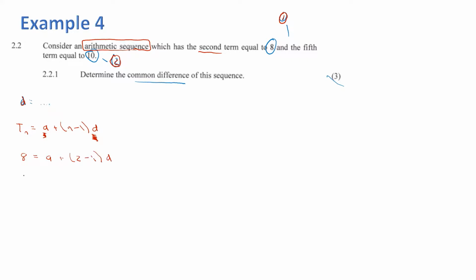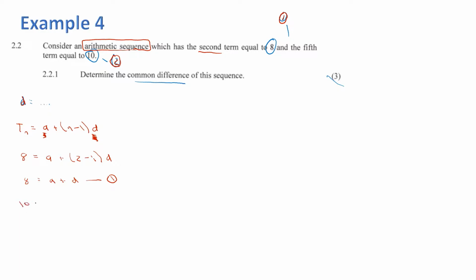I'm going to simplify this a bit. Let me see. 8 equals A plus D. That's equation 1. The second bit of information: the fifth term is 10.